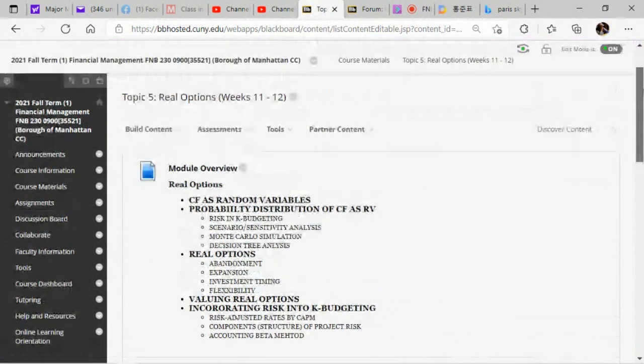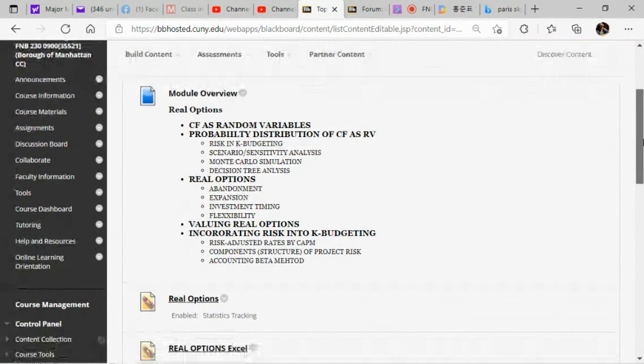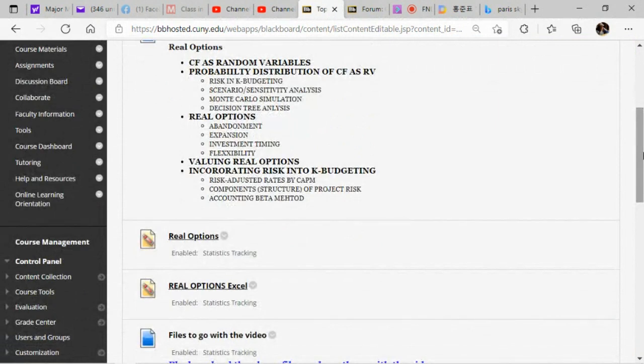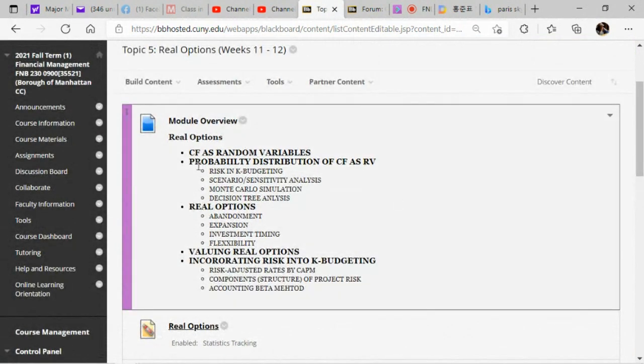Today the main lecture is in topic 5, real options. We are far behind, but we're going to catch up very soon.